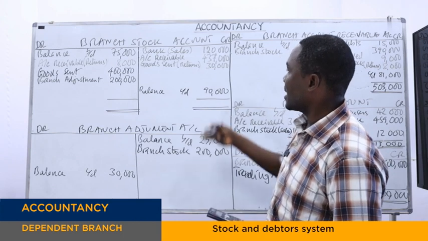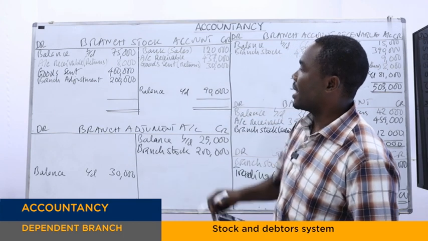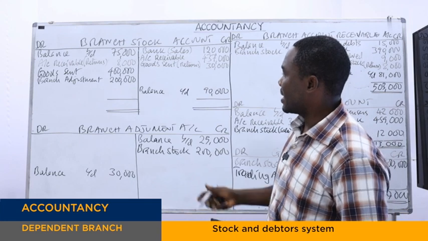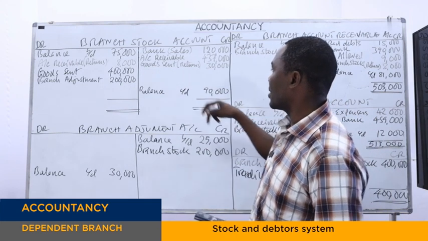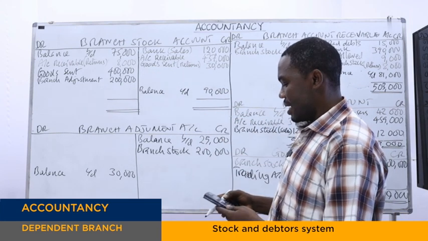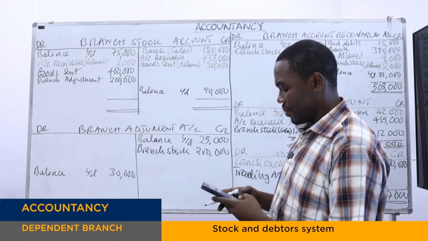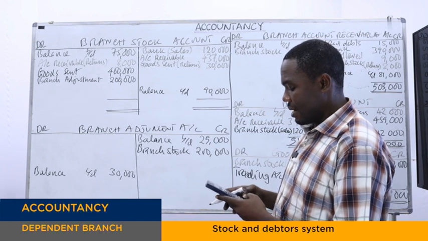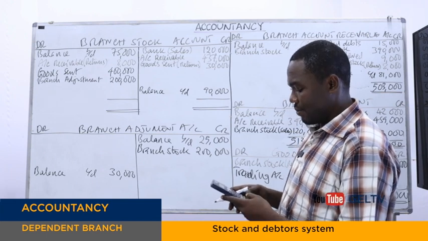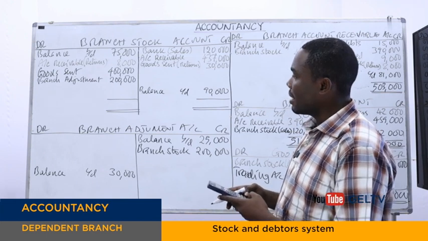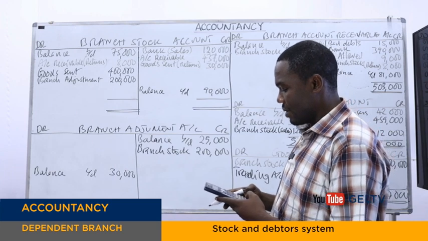So far, because the items are shown at selling price, if there is any deficiency, of course, this side should be greater than this. Let's start with the debit side. 75,000 plus 8,000 plus 400,000 plus 200,000.